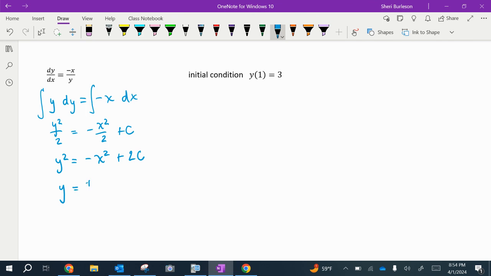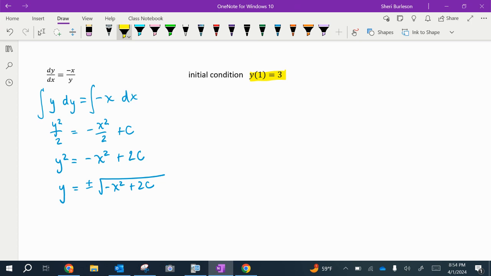So I need to take the square root of both sides, and when I solve by taking the square root, I need to include the plus or minus. And here's where kids are going to get in trouble. There's a couple things that are going to happen. One, you're going to forget the plus or minus. Or two, you're going to forget that you have an initial condition that you have to guarantee you get correct.